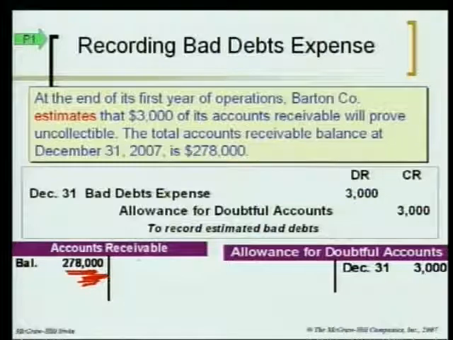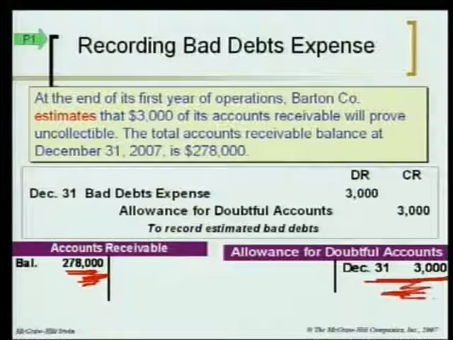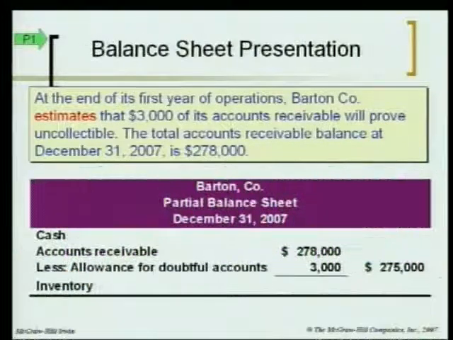And that accounts receivable is the control account. It's backed up by detail, isn't it, of each customer and what they owe us. We credited not AR, but allowance for doubtful accounts. And the way this looks on the balance sheet is like this, kind of like accumulated depreciation is. We have our asset minus our contra asset, and that equals our net amount.